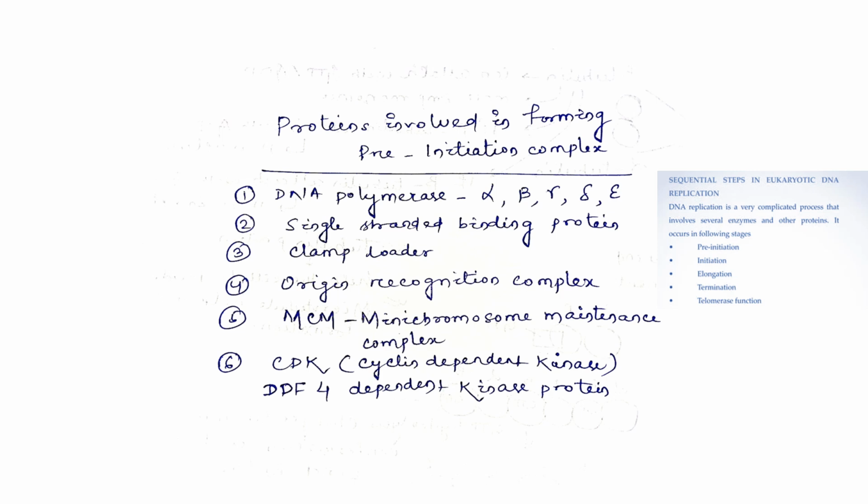The process of DNA replication in eukaryotes is divided into three steps: the initiation step, the elongation step, and the termination step.